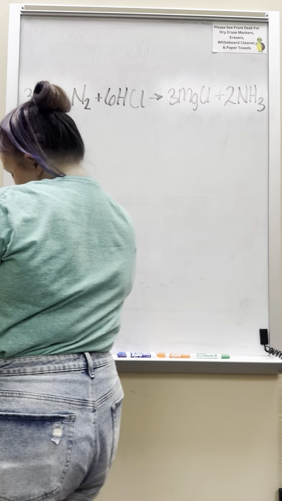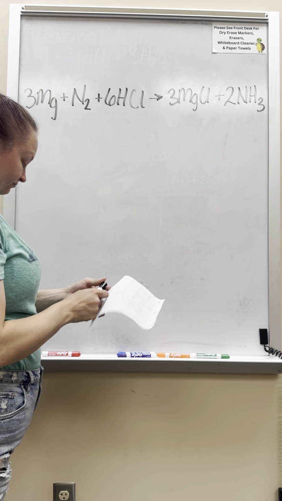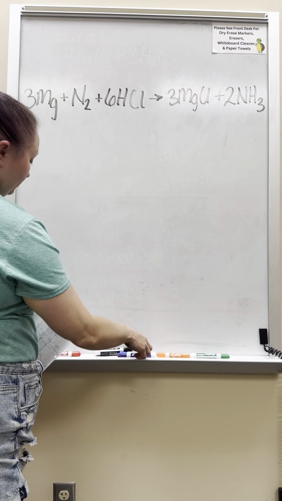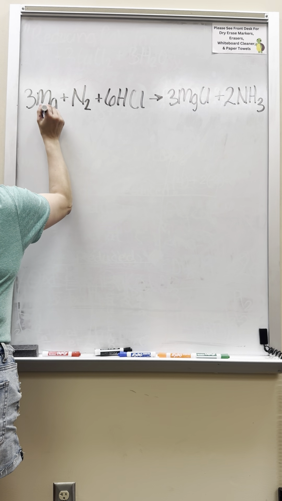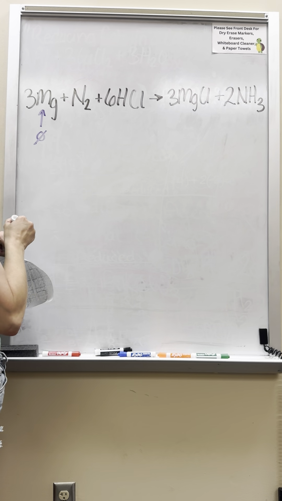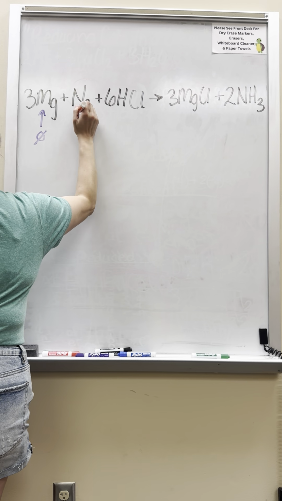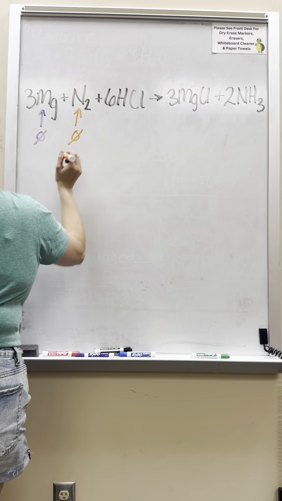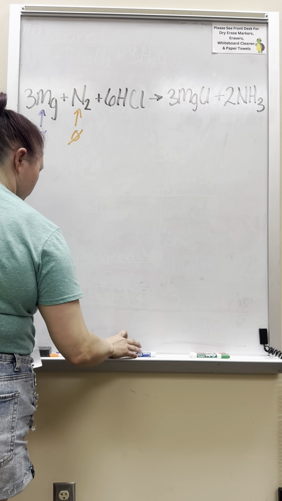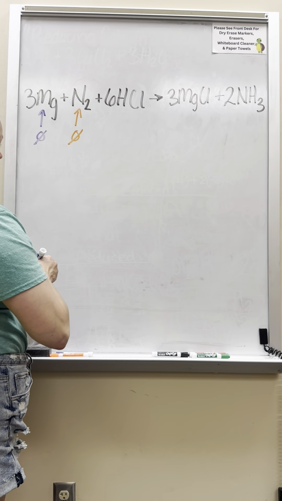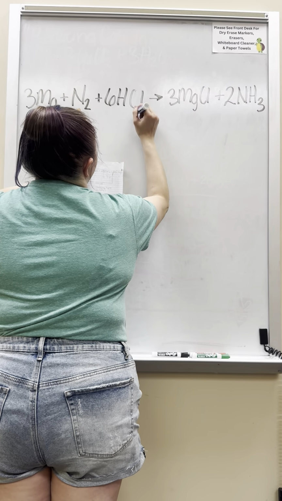All right. We can do this. Really, we can. Gotta keep telling myself that. All right. Know that this is 0. Know that this is 0. HCl. Cl is normally -1.